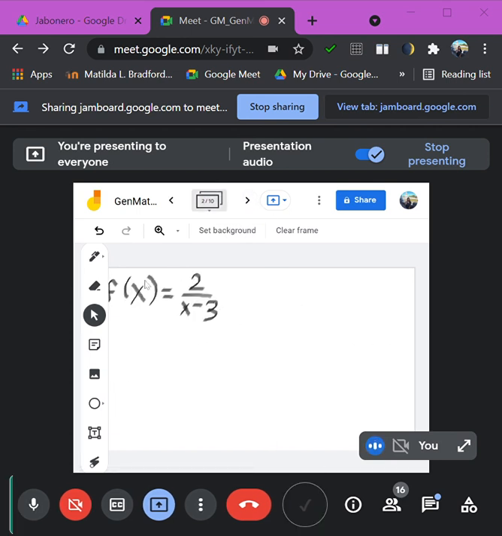In our example, we can see f of x is equals to 2 over x minus 3. First question, class: is this example a rational function?